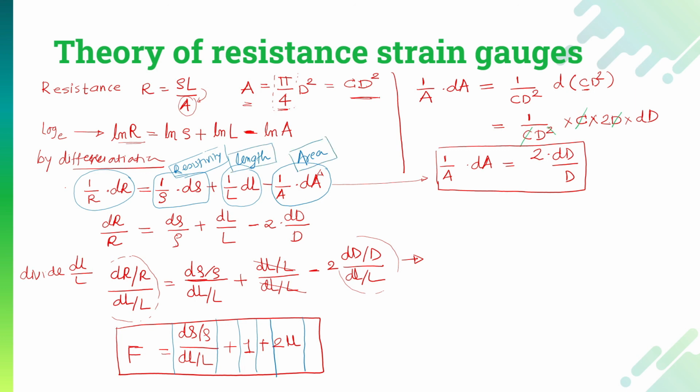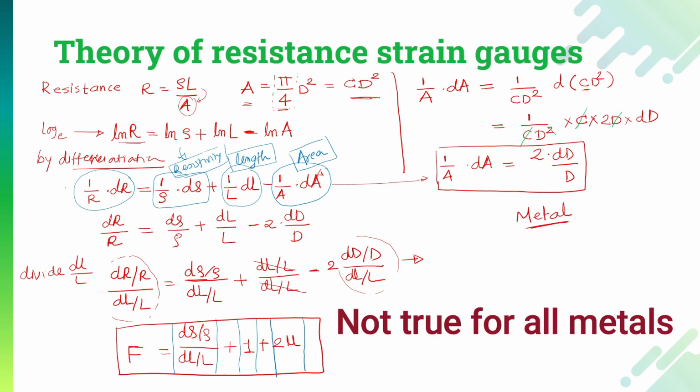So when some material has no change in the resistivity, in that case the value will be 0 over here. The same thing happens in the case of metals. When we talk about metals, they basically have no resistivity change whenever there is a change in the strain, and that's why for metals the value of d rho by rho divided by dl by L is going to be 0.